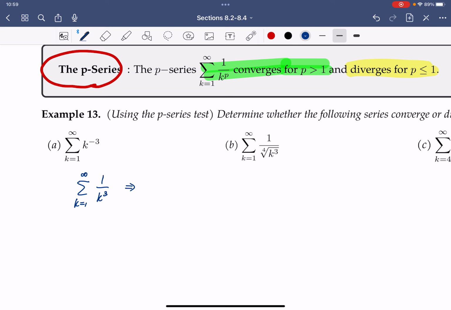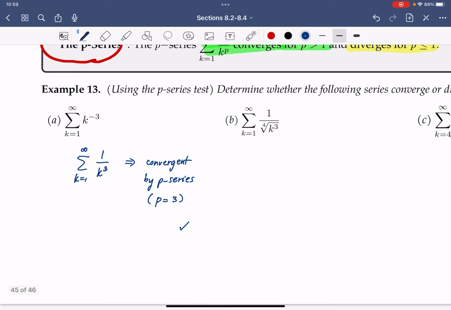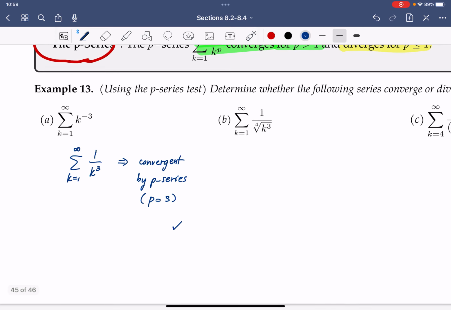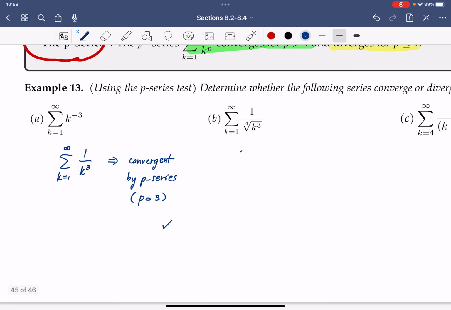This is convergent by the p series. You can say p equal to 3 and then you get full credit. If you have a p series, you can say convergent or divergent, p equal to something, and then you're done.